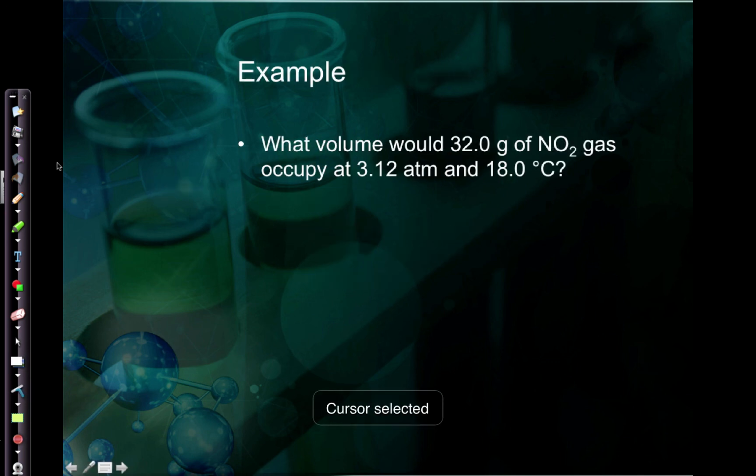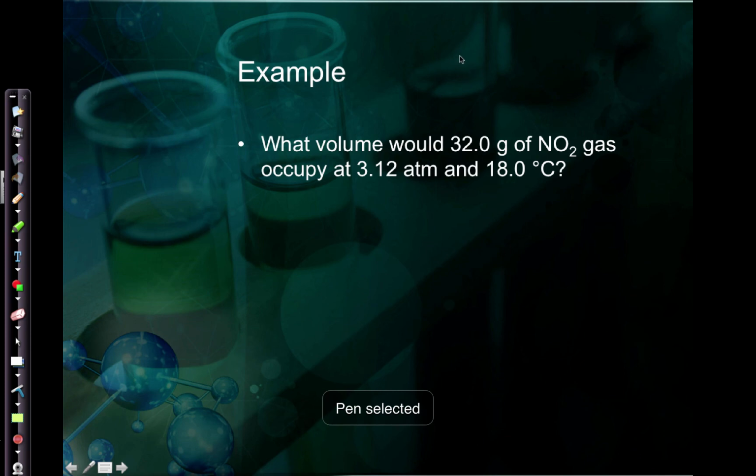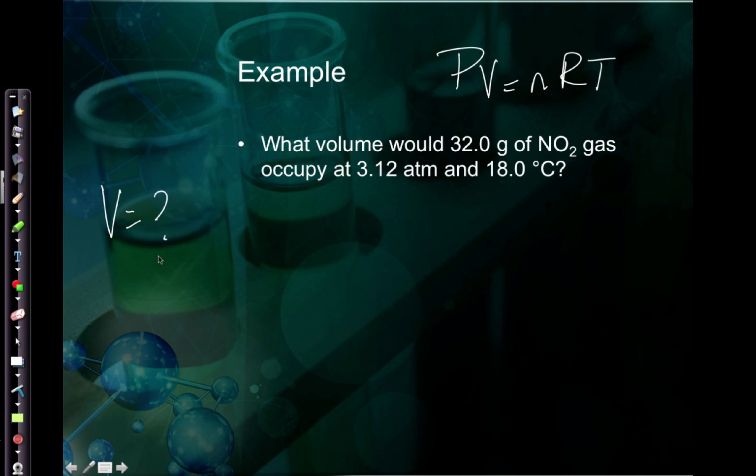All right, so let's look at an example. You're going to use the ideal gas law when nothing is changing. If you're just looking for a variable, you use PV equals nRT, as long as nothing is changing. If something is changing, you use the combined gas law. So we're looking for a volume here. What volume would 32 grams of NO2 be equal to?